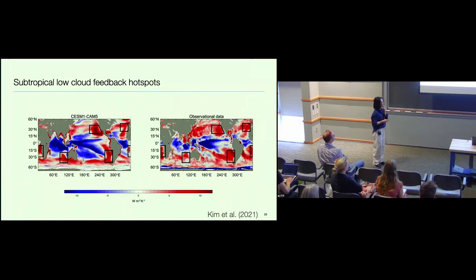But it's equally strong in the Atlantic, another region where the subtropical low cloud feedback is important. So if you change the model's physics or parameterizations, it should impact all regions equally, but it seems to only affect the teleconnection in the Pacific, which is really puzzling to me.